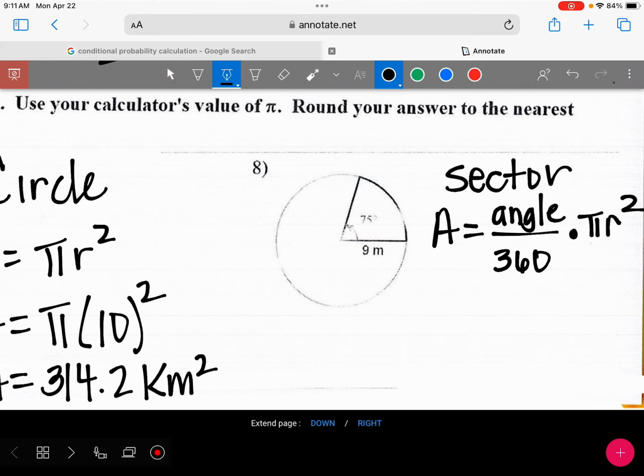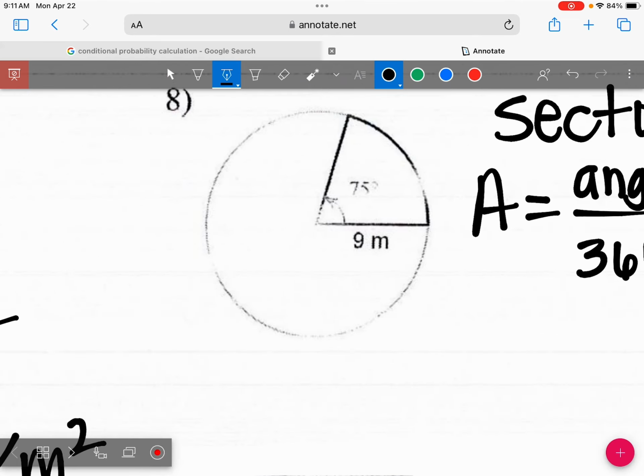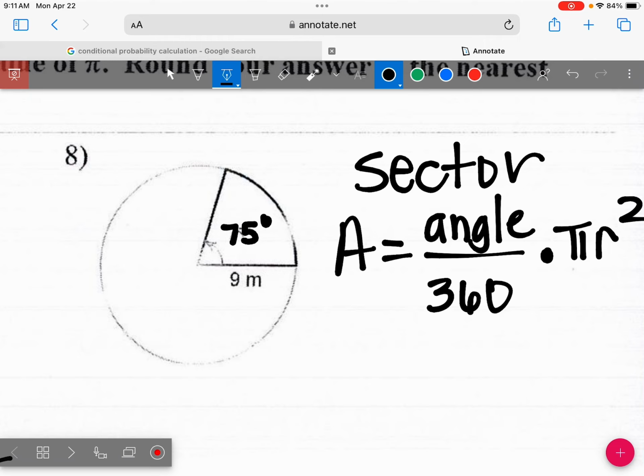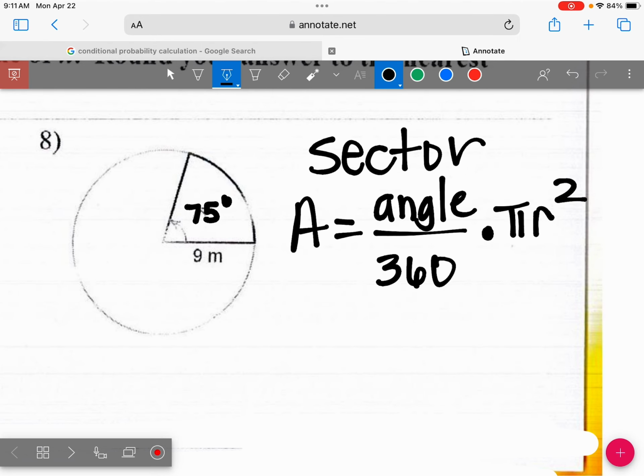That is a test question. So we don't want to know the area of the whole circle. We only want to know the slice. And I know this is a pretty bad copy, but I'm pretty sure that says 75 degrees. Okay, so that would be your angle. So that's what I'm going to put here. And then my radius, that goes there.